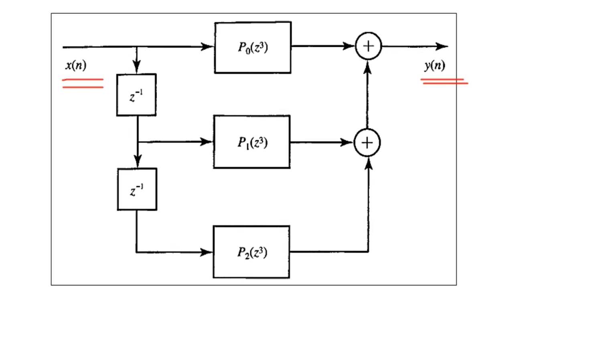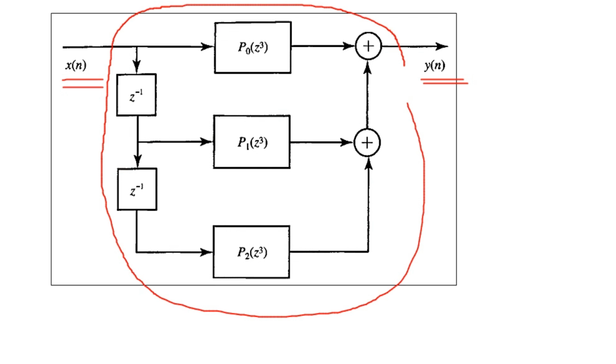So input and output, here it is the polyphase decomposition of the filter function. Here we have M is equal to 3, so 3 stages, 1, 2 and 3. We have the functions denoted by P0 of z cube, P1 of z cube, P2 of z cube. Here are the delays z inverse, z inverse. So for the 3 phases we have 2 delays z inverse, and the use of summations.